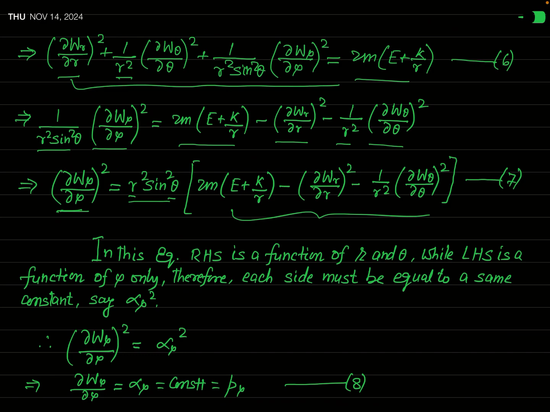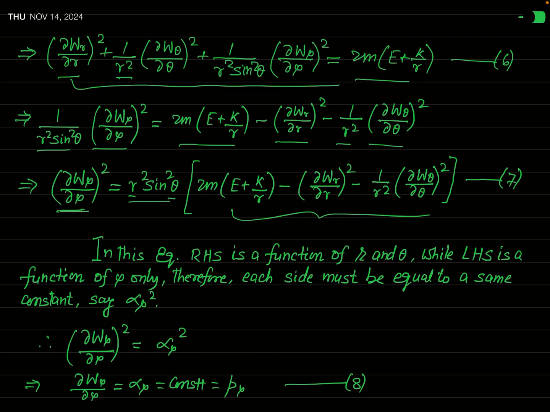Since LHS is a function of phi and RHS is a function of R and theta, in accordance with the theory of differential equations, both sides of this equation must be equal to the same constant. Only then will this equation hold for all values of R, theta and phi.